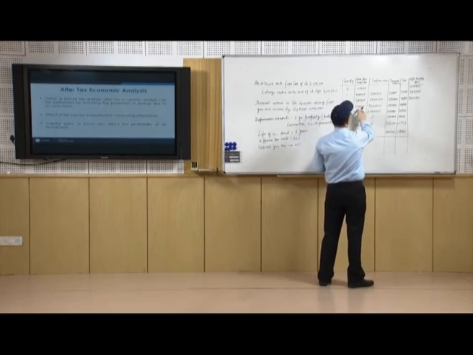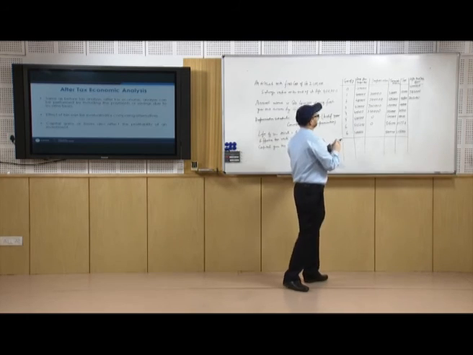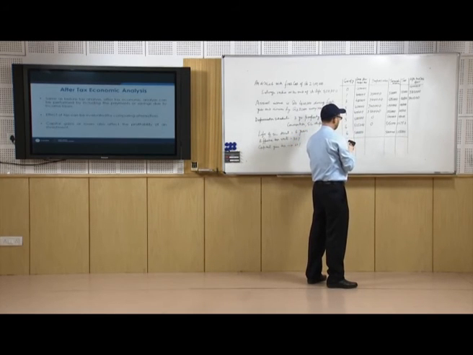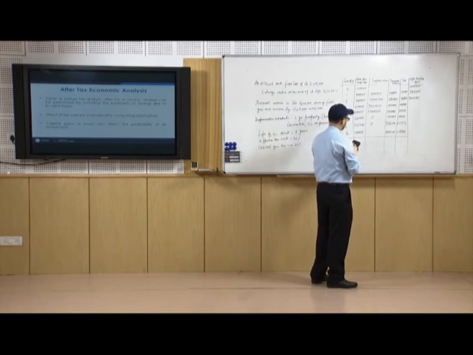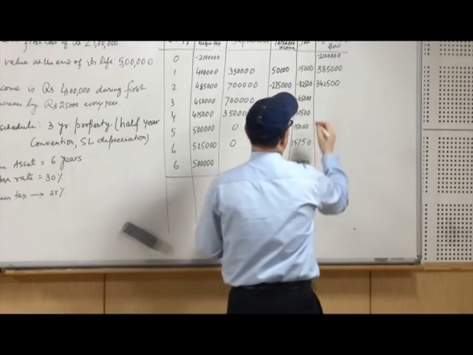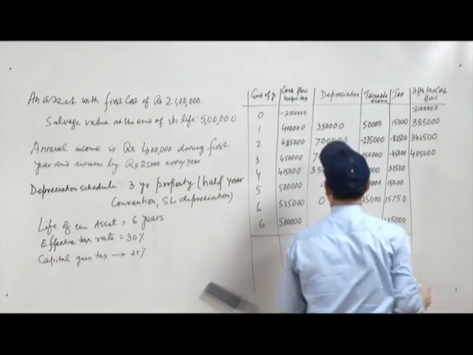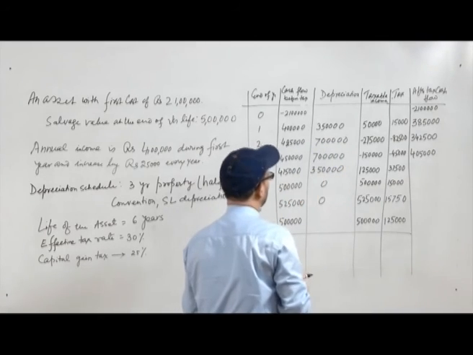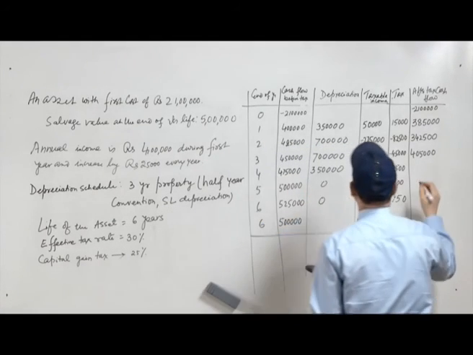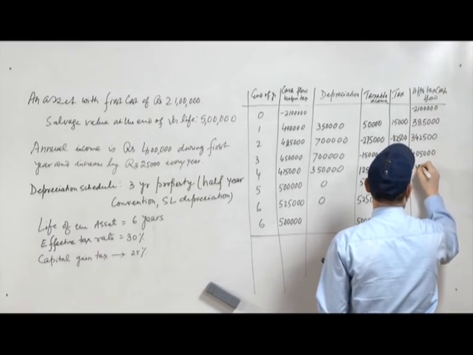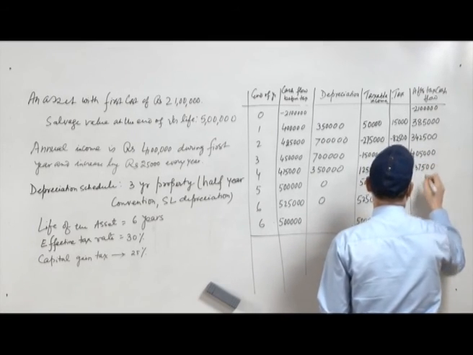Similarly here it is 450,000 minus 45,000, so 4,05,000. Then 4,75,000 minus 37,500, so 4,37,500.